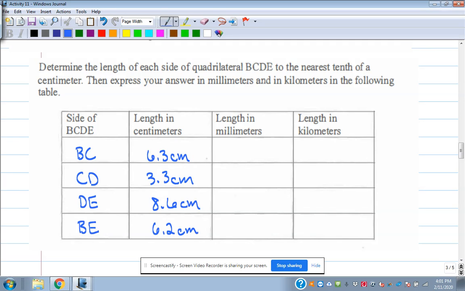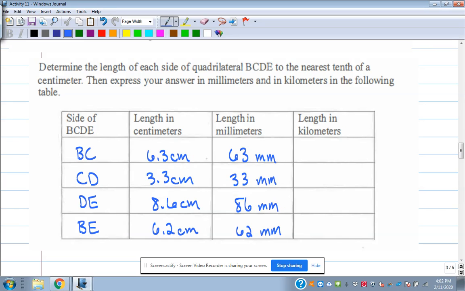All right. So centimeters to millimeters. 6.3 centimeters is how many millimeters? 63 millimeters, and mm is millimeters. And so that'd be 33 mm and 86 mm and then 62 mm.